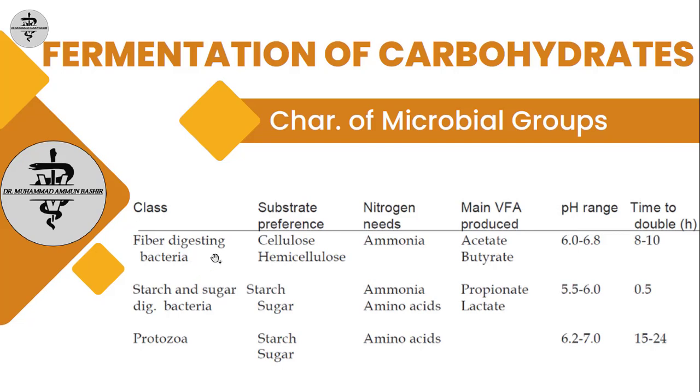These bacteria act on these substrates, and as a result of this fermentation, these volatile fatty acids are produced. Keep in mind that rumen pH varies from 5.5 to 6.8. A pH of 5.5 to 6 is favorable for starch and sugar digesting bacteria, while a rumen pH of 6 to 6.8 is favorable for fiber digesting bacteria.